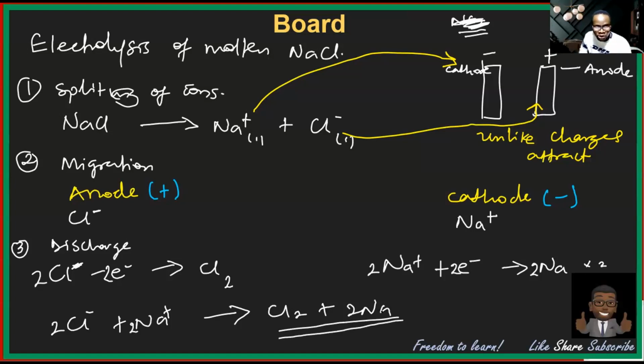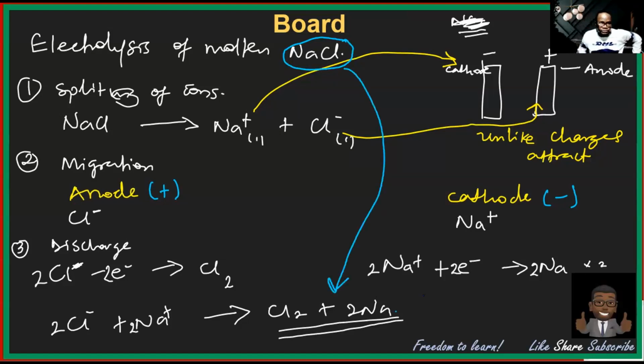From sodium. So molten sodium chloride has undergone what? Electrolysis. So we have been able to split sodium chloride into what? Into chlorine and sodium. Not chloride and sodium, but chlorine and sodium.